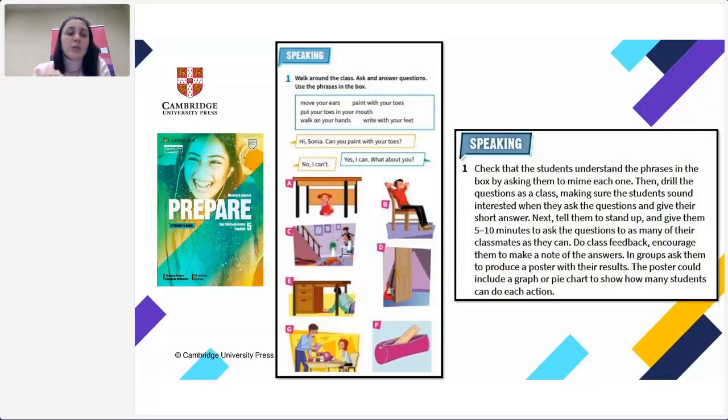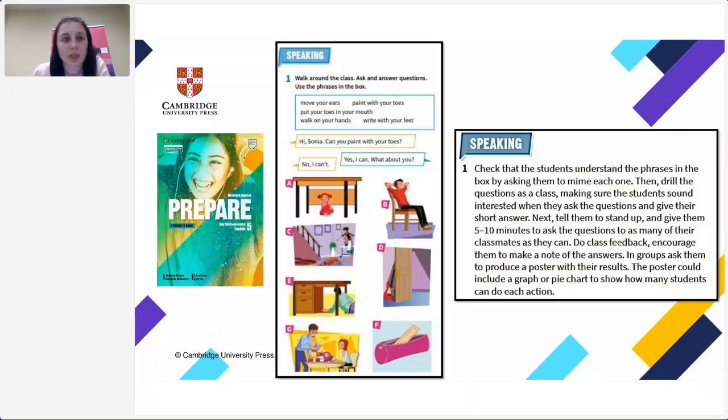I would highly recommend you to draw your attention to the teacher's book. The teacher's book for Prepare is, I'd say, like a complete methodological guide where you can find lots of different kinds of activities that you can use, not only for some certain speaking task, but for other tasks too.